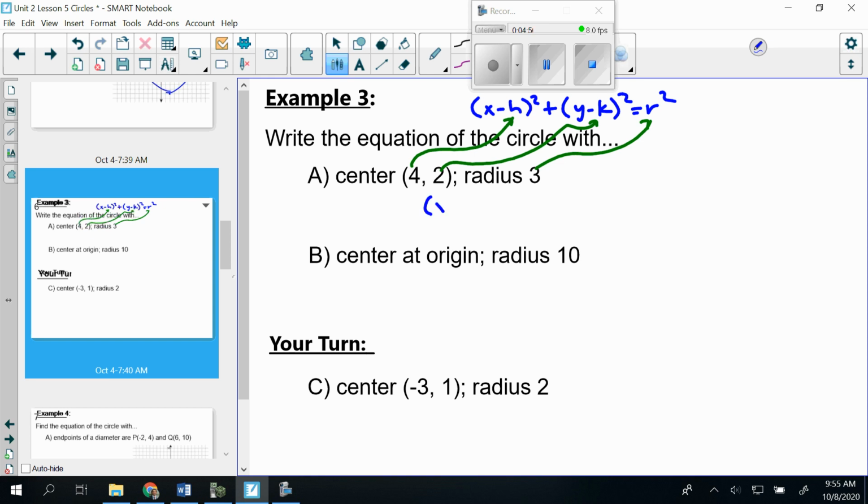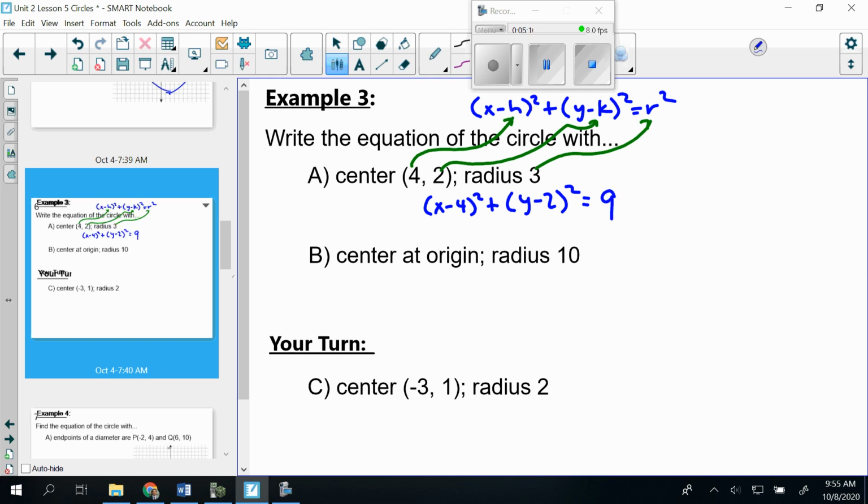So it'd be x minus 4 squared plus y minus 2 squared equals 3 squared. And then if we square that last number, we know 3 squared would end up being 9, and so we can just change that to 9.